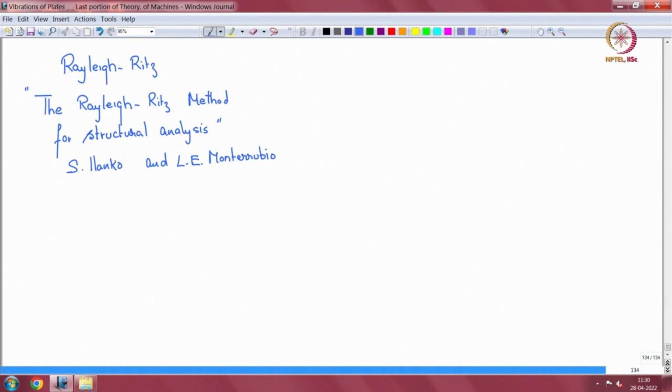Now, some comments about this Rayleigh-Ritz method, or before that, let's do one more problem. So you can even do static analysis.